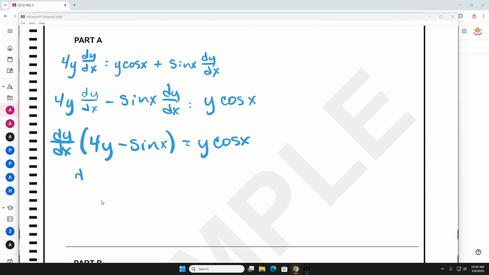And then we're going to divide by what's in the parentheses. All right, and we have shown that it is what they said it was, which is good.